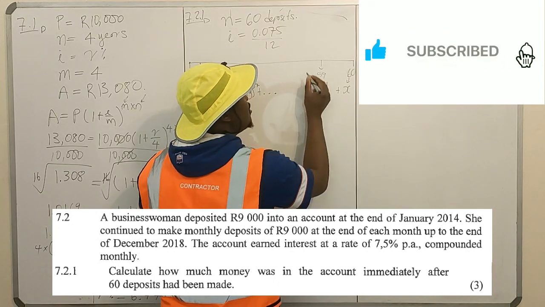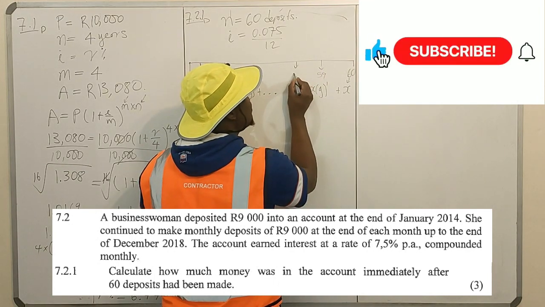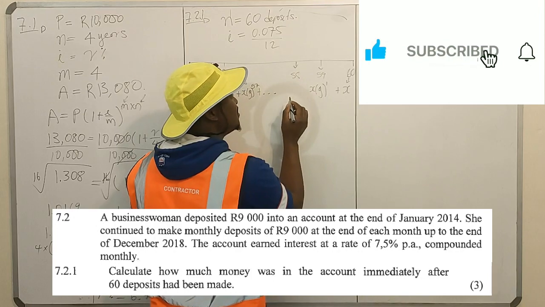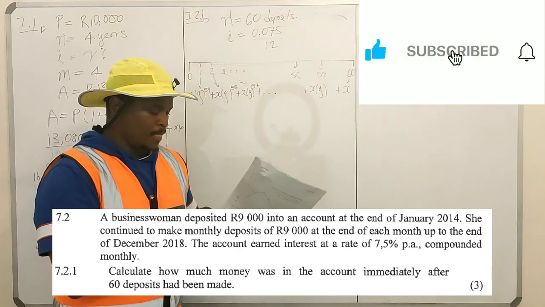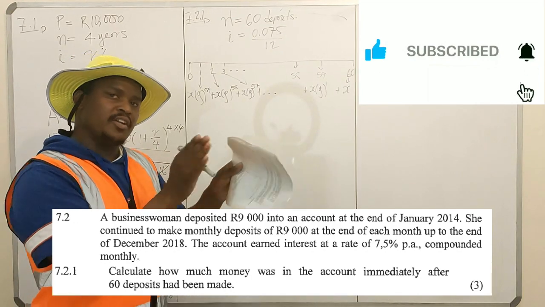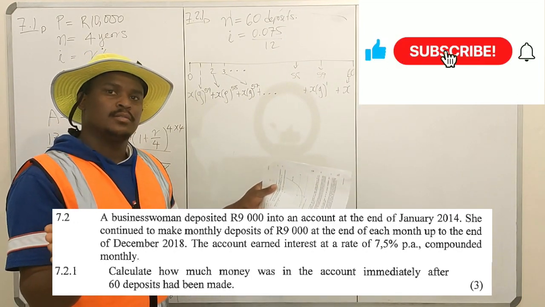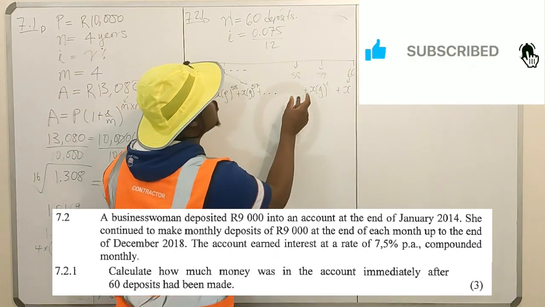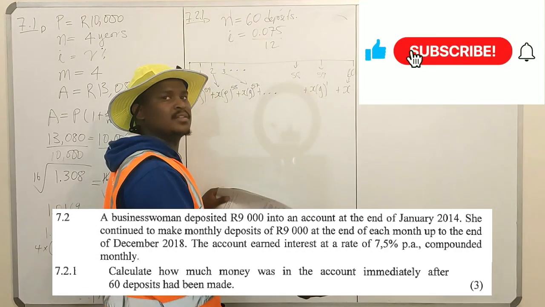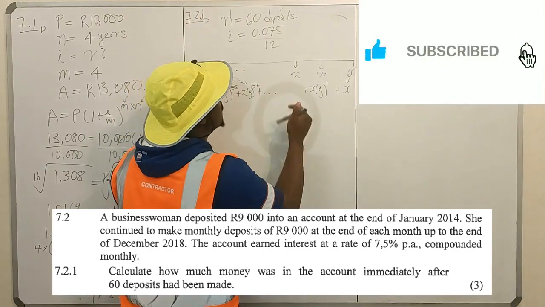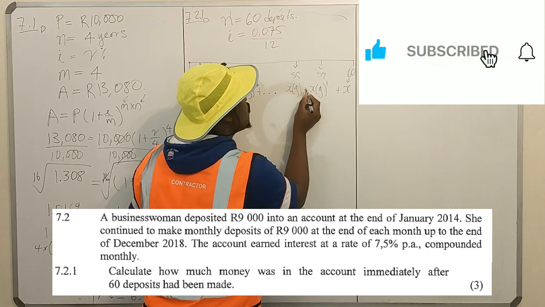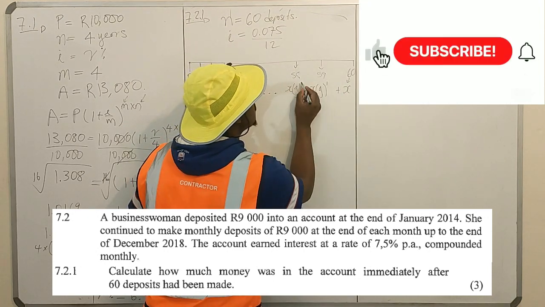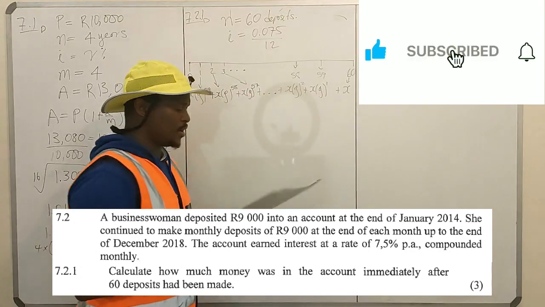For 1 month. If you go to the 58th deposit, this one is made 2 months before the end of your investment period. Right? So whatever amount you add on the 58th month will gain interest for how long? This month and this month. That is 2 months. So this is how this thing goes.